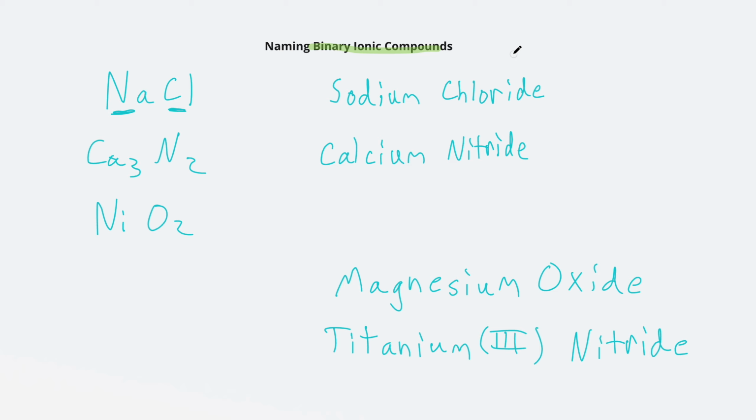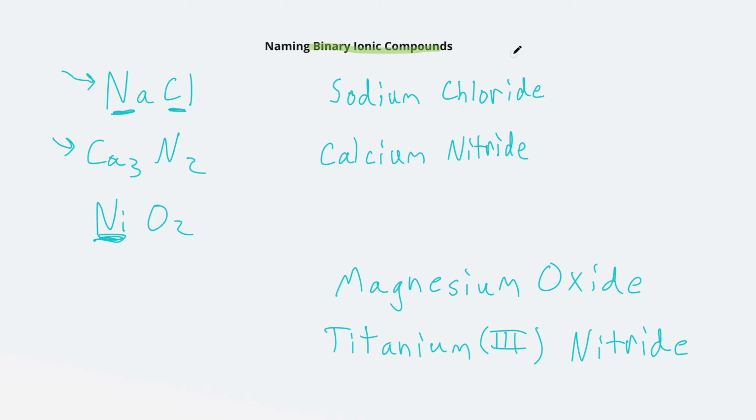And then this next compound has a transition metal. Nickel is a transition metal, which introduces a new problem because nickel can have multiple charges. So we need to indicate with the name what the charge of nickel is. With the others, like sodium and calcium, we know the charge because sodium always has +1 and calcium always has +2, but nickel we don't know. It could have multiple different charges.